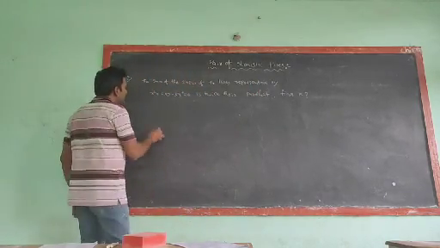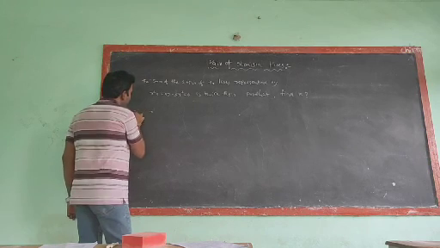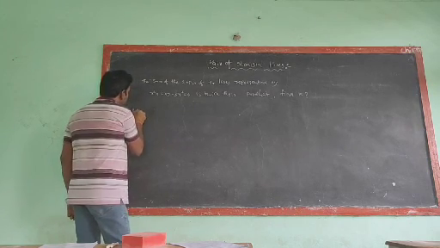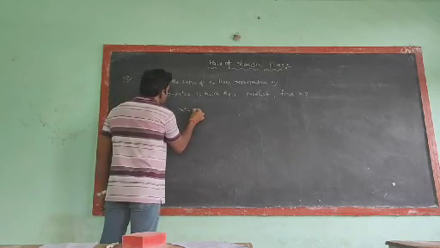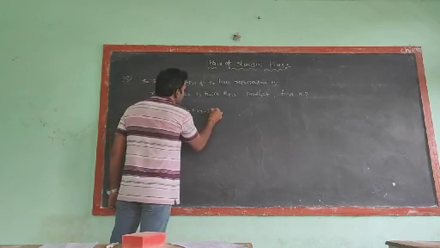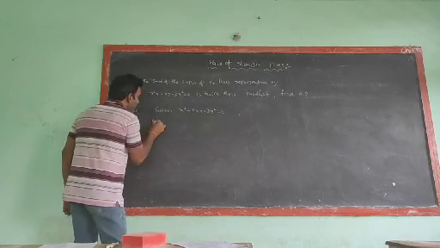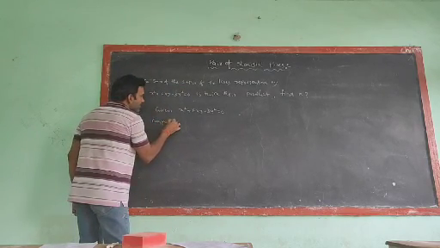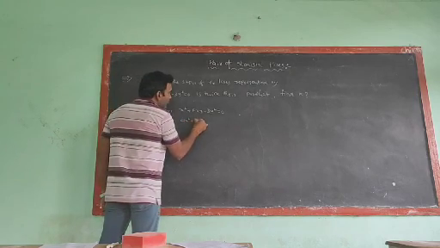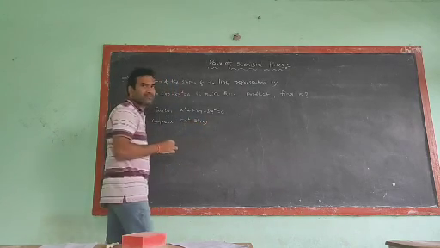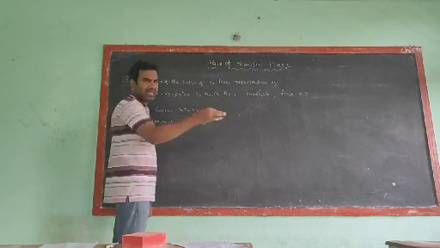Here I am just taking the solution. Given x square plus kxy minus 3y square equal to 0. Compare. First we have to write down the a value, h value, b value like this.